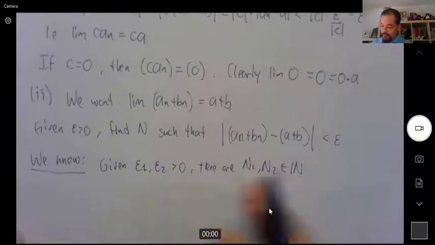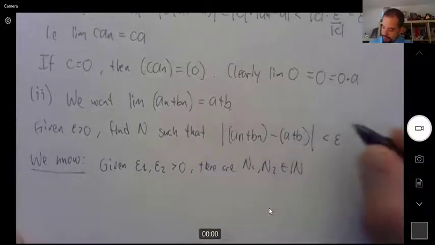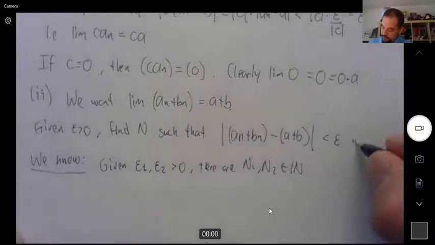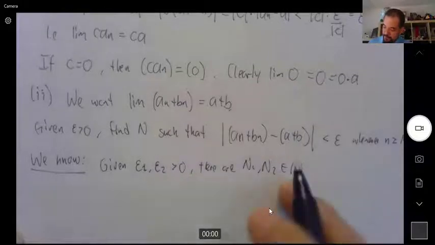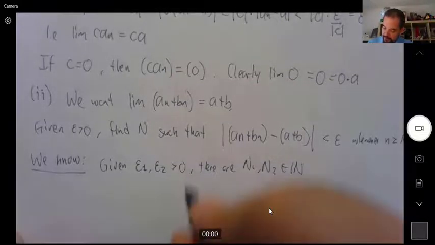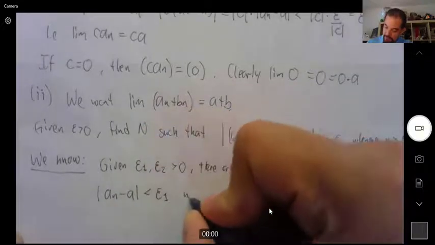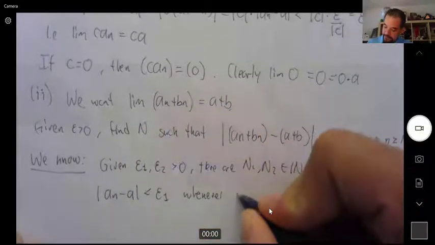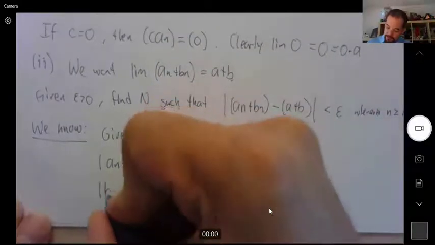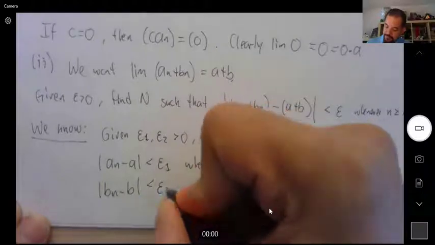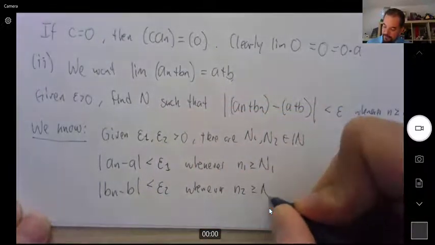So given this, there are those such that, whenever little n is bigger than capital N, this happens: |a_n - A| is less than epsilon 1 whenever n is bigger than capital N1, and |b_n - B| is less than epsilon 2 whenever n is bigger than capital N2.